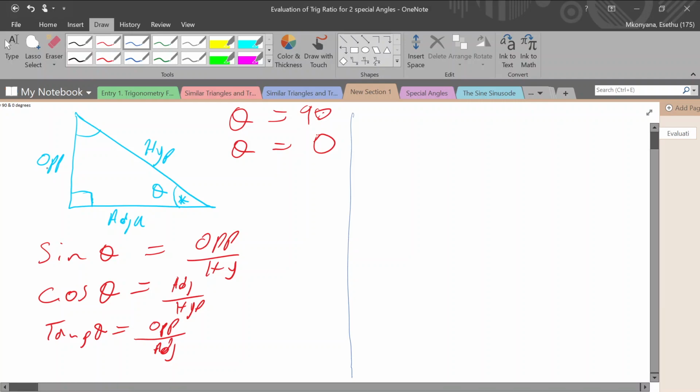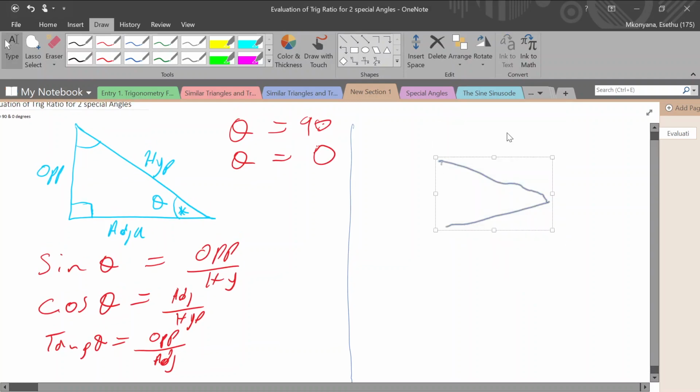So we are going to write this in this format, like this, and keep this line dotted, and then we can focus on our angle theta.